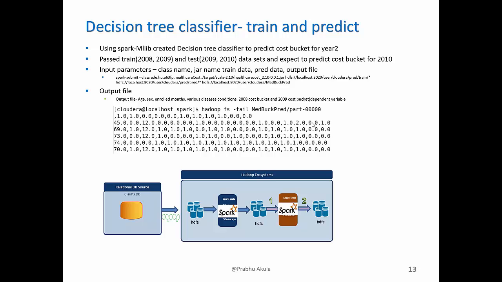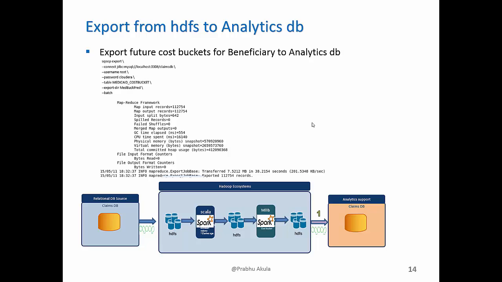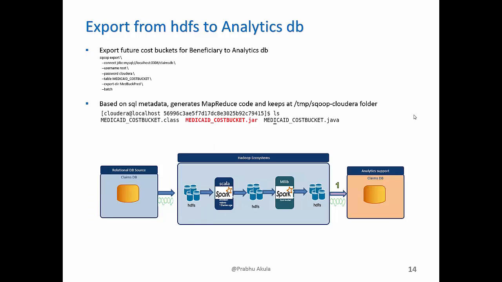Now we want to see what is the model accuracy. Before we do that, we need to export this data to a relational database. The predicted cost buckets, we're going to export from HDFS to Analytics DB, taking advantage of Sqoop export functionality. Here I'm going to specify the directory which we need to export and the table to which we need to keep this data.